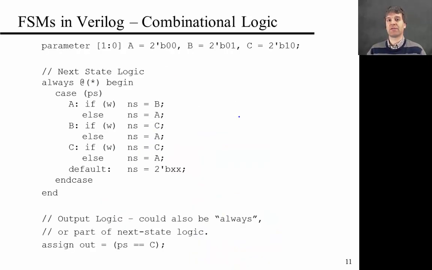The thing that wasn't specified on that previous slide is the combinational logic part, and this is what this code here does. At the top we have this line that says parameter A equals 2'b00, etc. This line provides the state encodings.